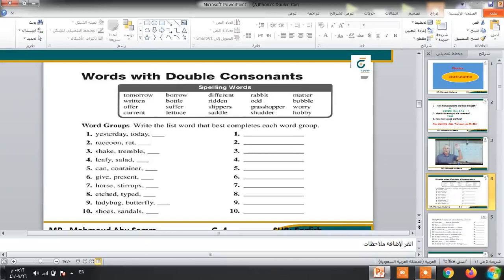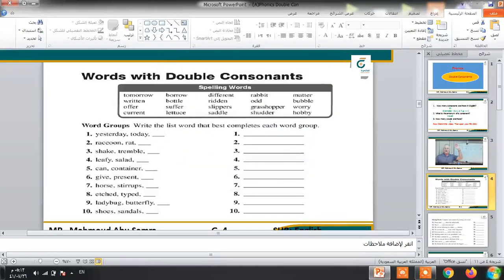You have here 10 sentences or 10 words. You have to complete each word. Yesterday, today, very good, tomorrow. Now, number 2, raccoon.